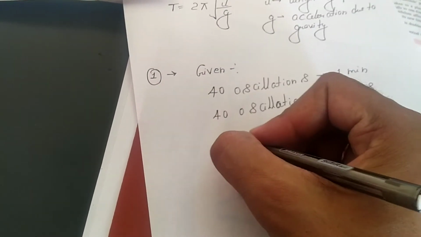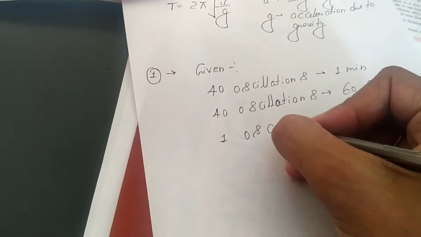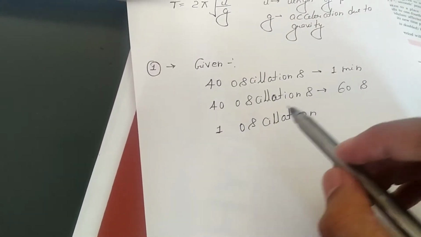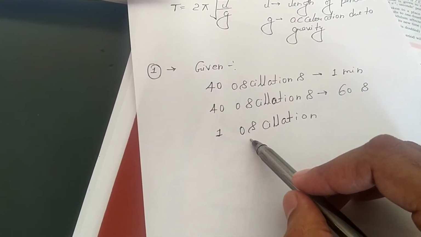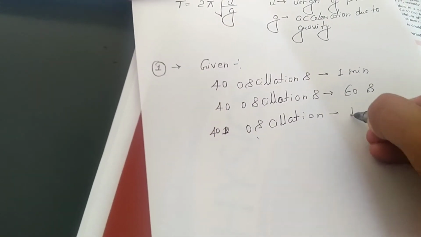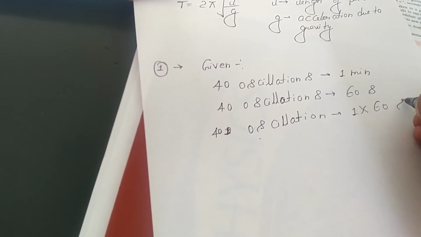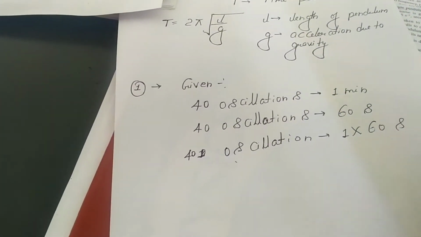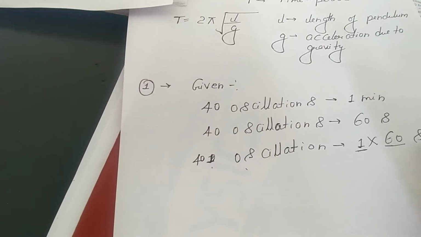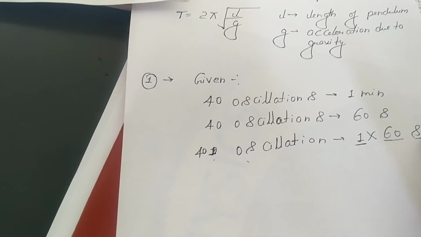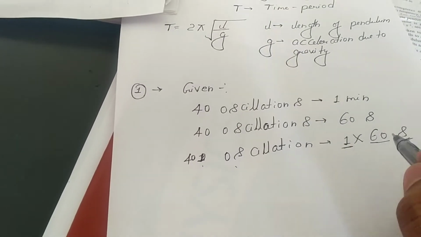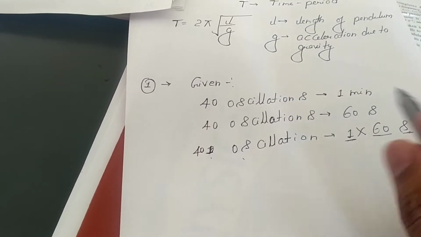I want to know how much time it will take to complete one oscillation, because frequency is the number of oscillations completed in 1 second. I can write it as 1 into 60 seconds, because 60 can be written as 1 into 60 seconds, right? I'll bring this 60 here because I want to know how many oscillations this pendulum is doing in 1 second. Because if I know the number of oscillations completed in 1 second, that will be my frequency.